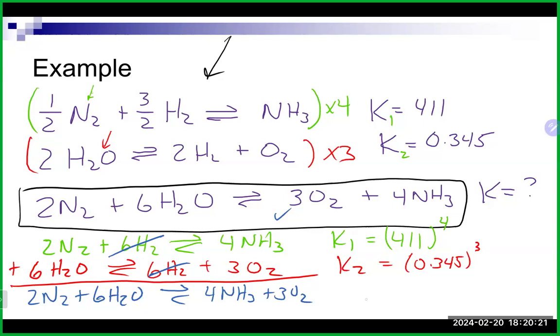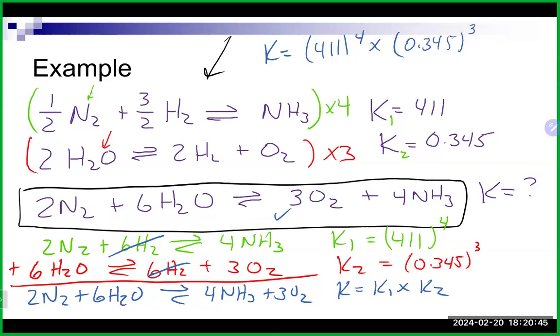Obviously, to calculate our K, just like last time, since we added these together, we're going to multiply our K values in this case. So I'll go up here on top. So our K in this case would equal basically 411 to the 4th times 0.345 to the 3rd power.